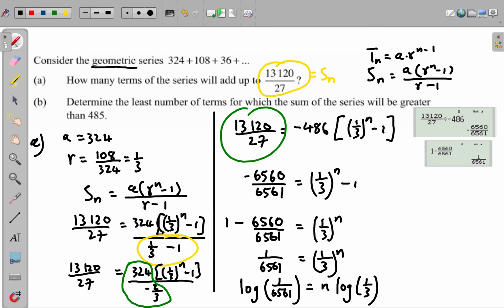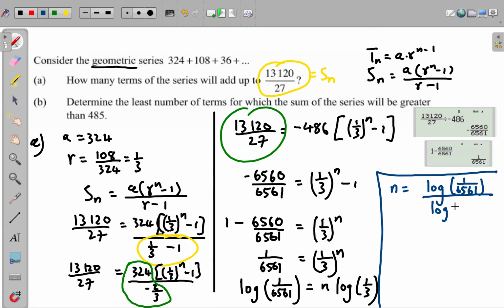Okay. Now, the next thing that we can do is we divide by that. So we have log 1 over that. I'm going to divide this by log of that. And I hope you remember that when we have not written the base, then the base is 10.